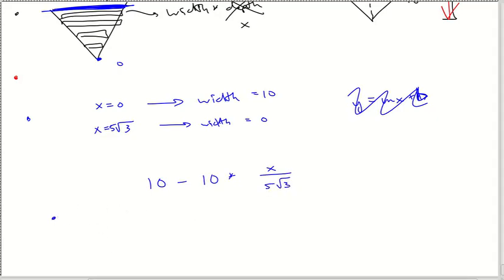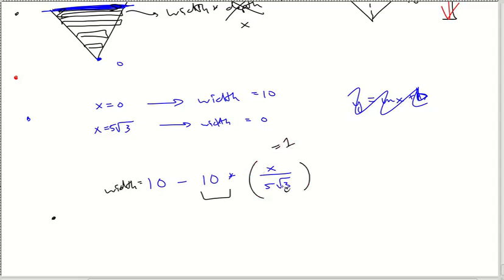Now let's talk about this for a second. This is my width, total width, okay? Because again, I was measuring all the way across in this particular case. I start with 10, but then I'm removing some. Do you see that? How much am I removing? I have to remove all 10 eventually. But when do I actually remove that 10? When is this 10 going to be a 10 minus a 10? Well, when this guy is equal to a 1 right here.